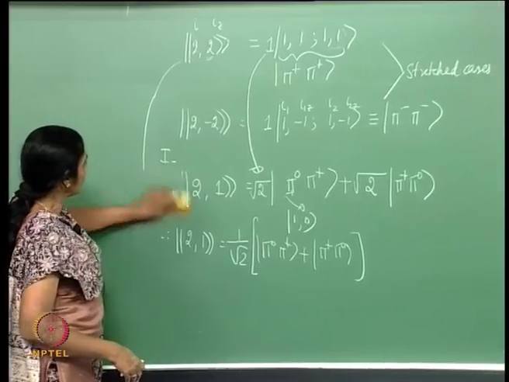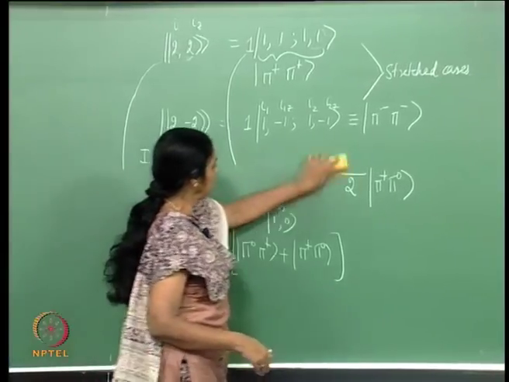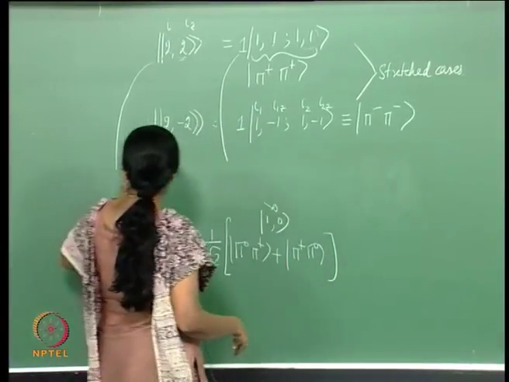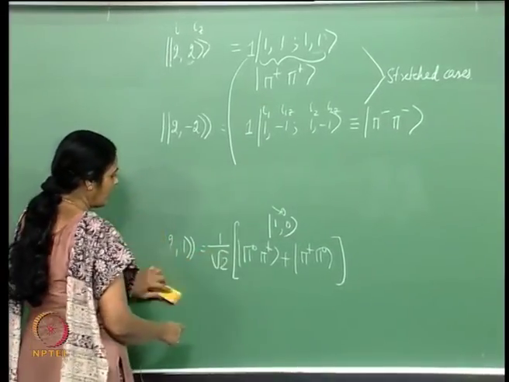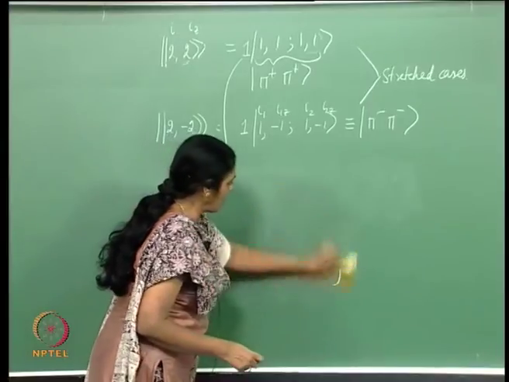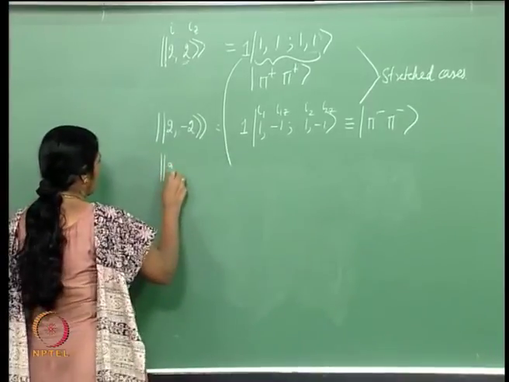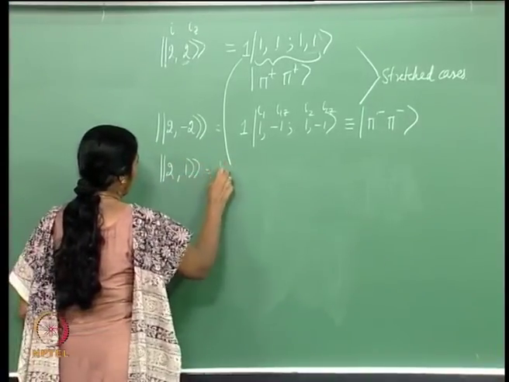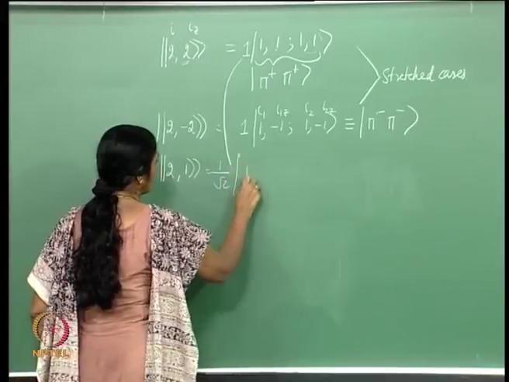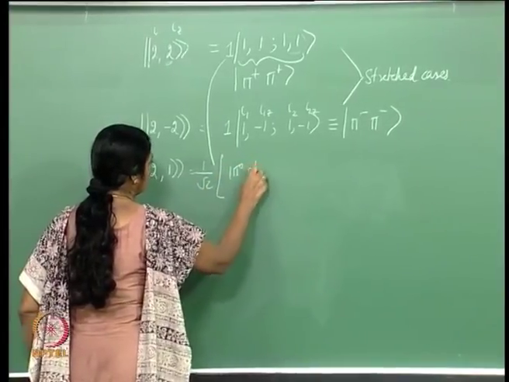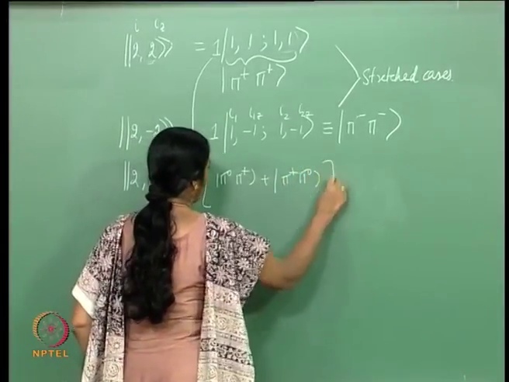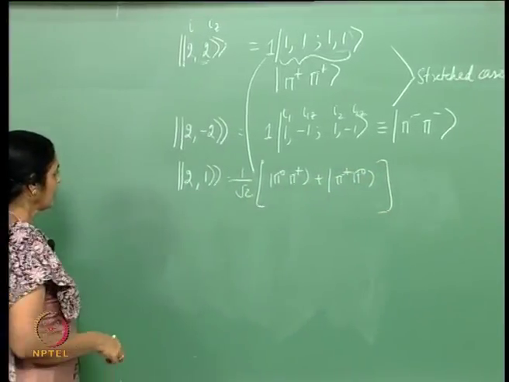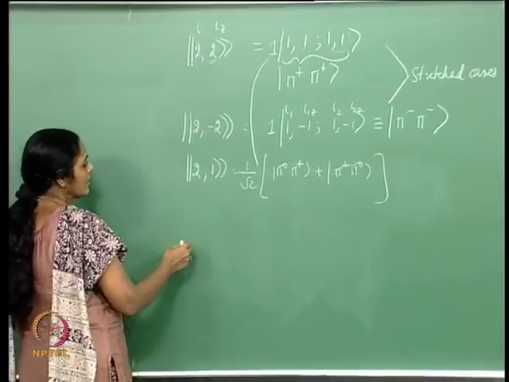So let me remove this part of the algebra, and I can just write 2, 1 as 1 by root 2 pi 0 pi plus plus pi plus pi 0. I will comment on their symmetry properties a little later. So that is what we have. The next thing is 2, 0.